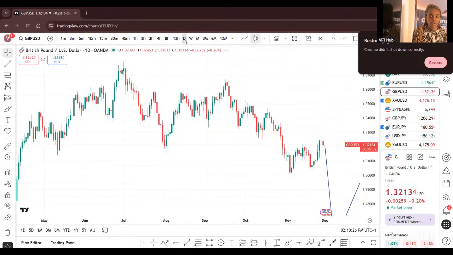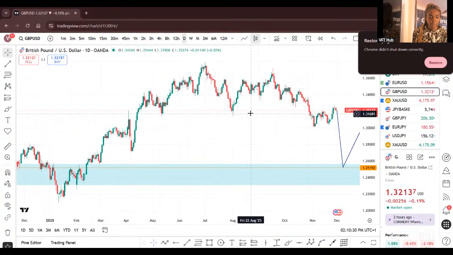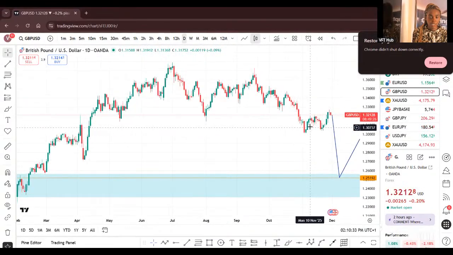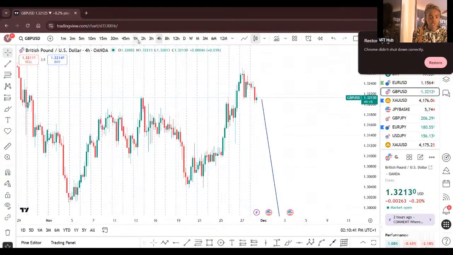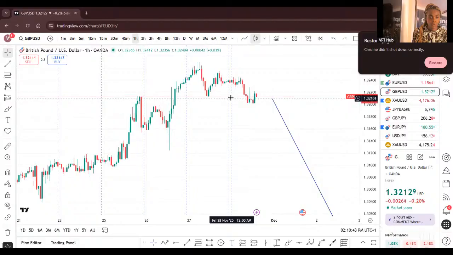Coming down to the daily time frame, of course, we're seeing that this high has been taken out. And coming down to the 4-hour time frame, we're seeing minor structure being bullish. On the 1-hour time frame also, we're seeing minor structure being bullish.